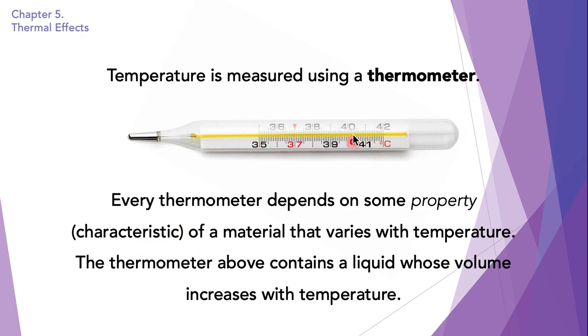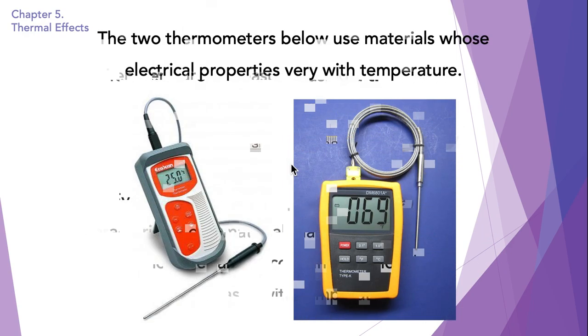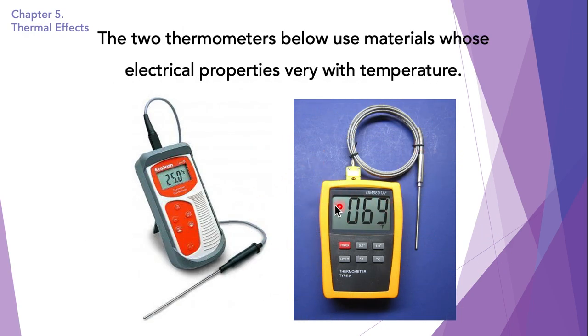So this thermometer contains a liquid whose volume increases with temperature. The two thermometers we can see here use materials whose electrical properties vary with temperature. Sorry for this mistake here. I wanted to write vary, V-A-R-Y.